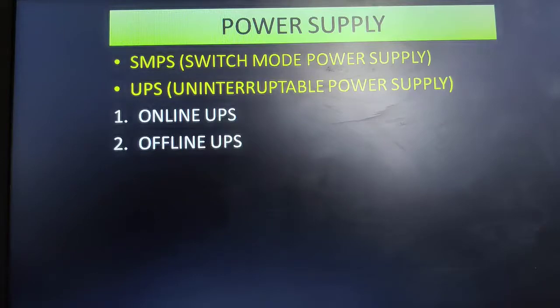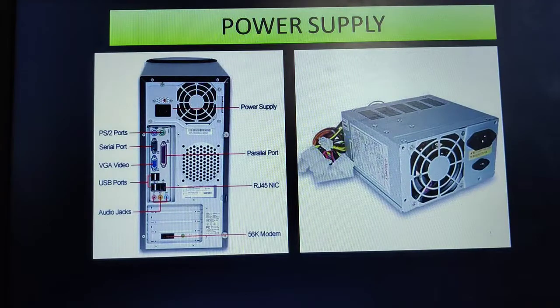Now let us see what exactly this switch mode power supply is. So this is your switch mode power supply. It is a kind of converter that converts the alternating current power from an electrical outlet to the direct current power that is needed by the system components.